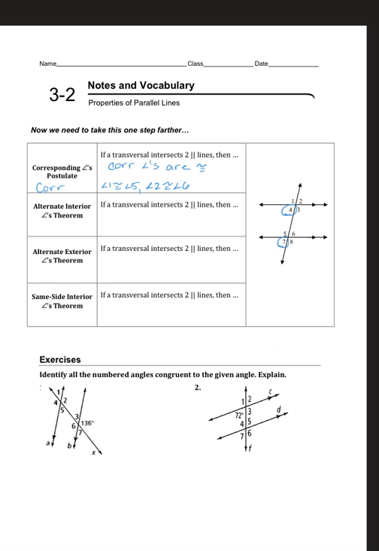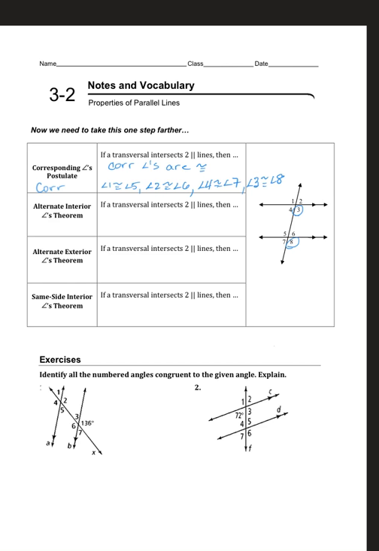We look at the lower left, that would be angle 7. So angle 4 is congruent to angle 7. And then the last set would be 3 and 8. So we know that angle 3 is in the lower right, angle 8 is in the lower right. So angle 3 is congruent to angle 8. So there are 4 sets of corresponding angles.